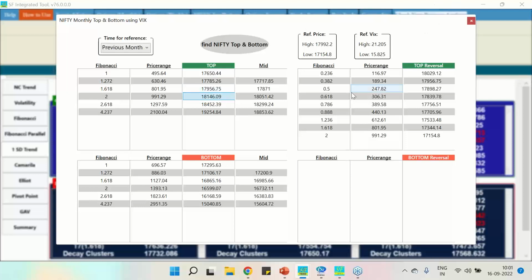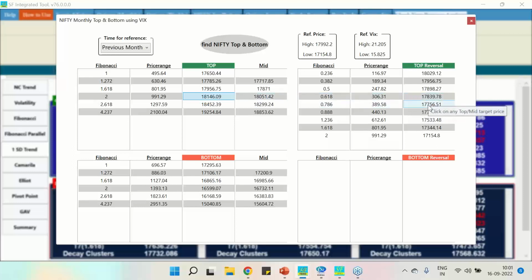What I told you: 2.618 is very high. 2 or 2.618 is the most critical point. It has to cross that to make new heights, but tops and bottoms are possible. So here it has a retracement, so where should it go?